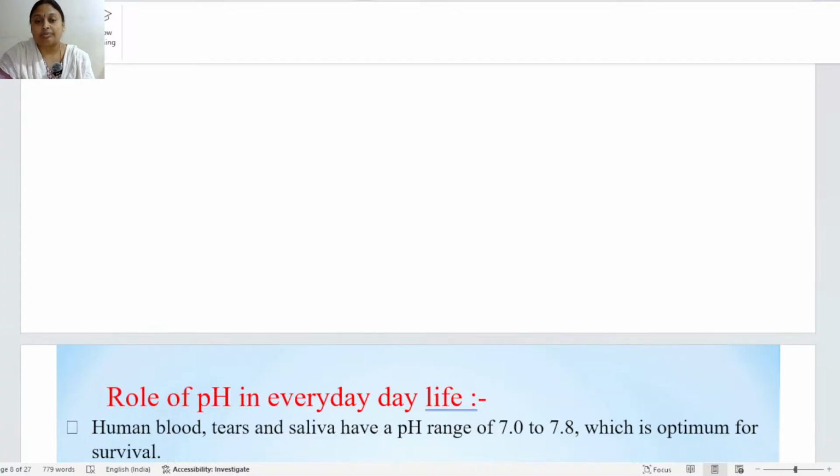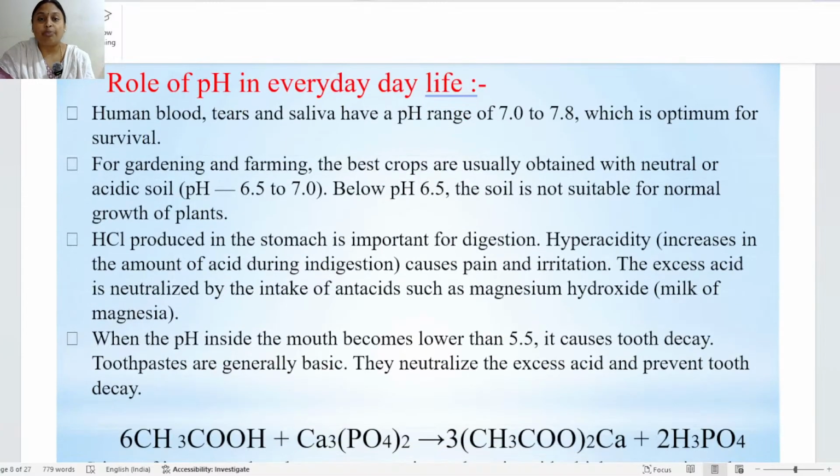So next, the role of pH in our daily life. First of all, if we take human blood, tears and saliva, they have a pH range of 7 to 7.8. So this is a neutral pH, in which human beings can survive.